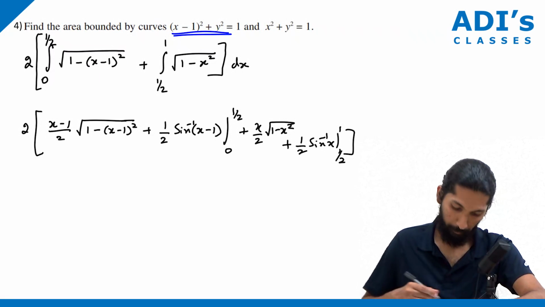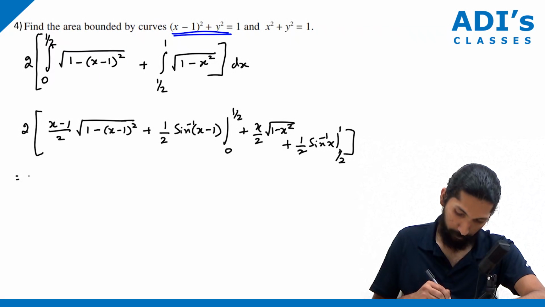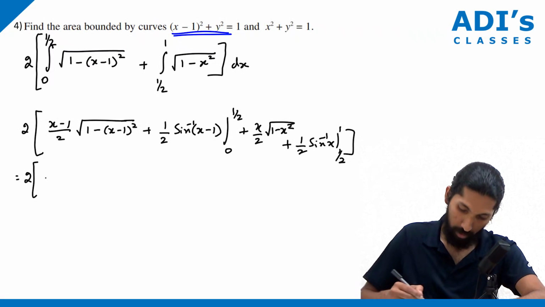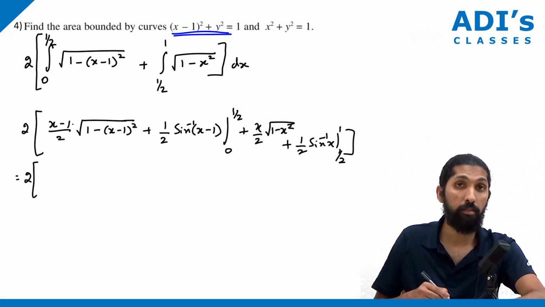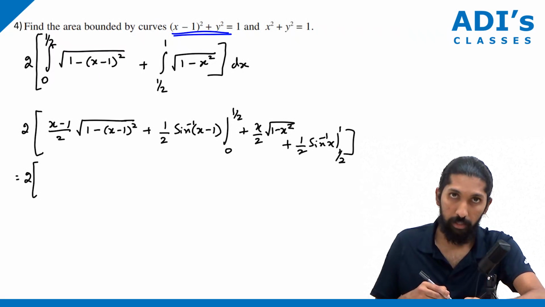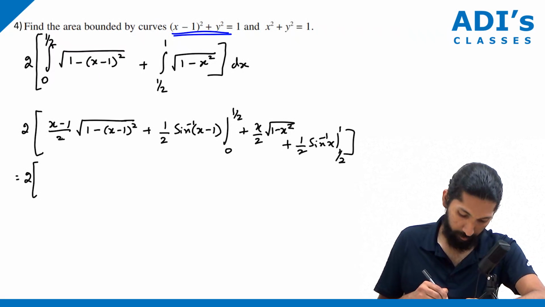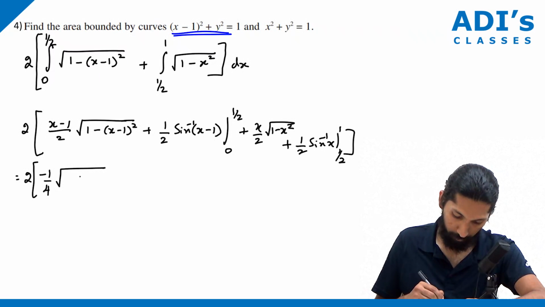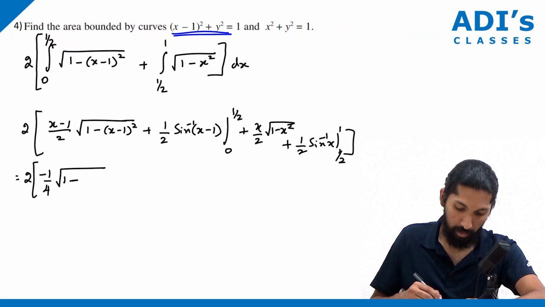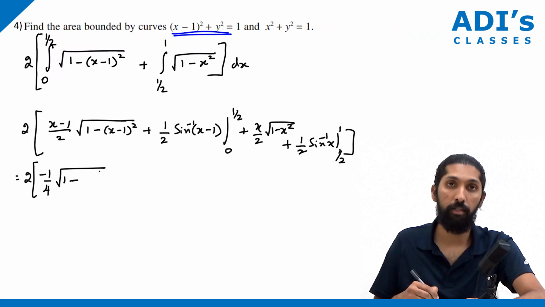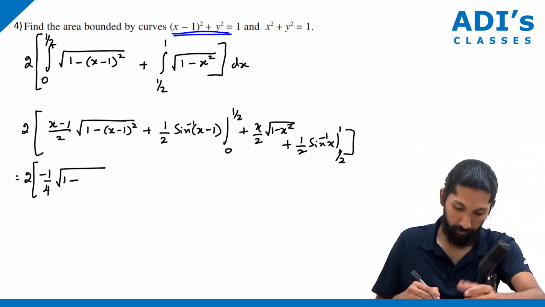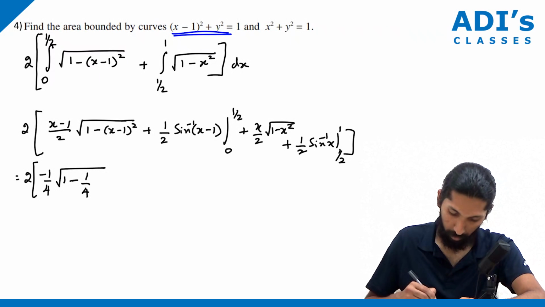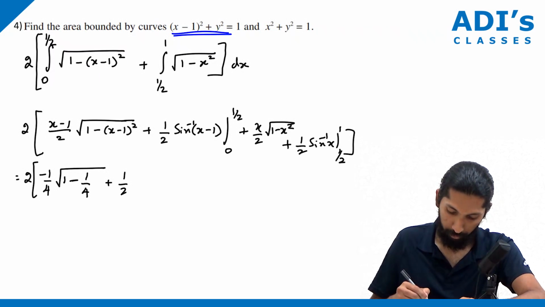Now here you have 2 times. If you substitute x equals half, half minus 1 is minus half, so we get minus half by 2, that is minus 1 by 4, into root of 1 minus (half minus 1) whole square. Half minus 1 is minus half, square is 1/4, plus 1 by 2 into sine inverse of minus half.